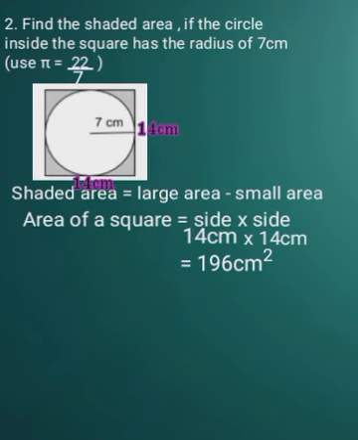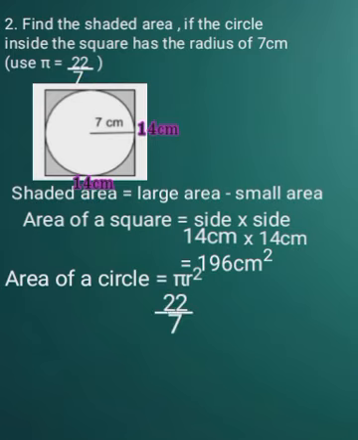So we have to find the area of the circle. Remember, the circle is the smaller area. In order to find it we use pi. Area of a circle is equal to pi r squared. So here you'll take 22 over 7, which is pi, times 7, which is r, times r.